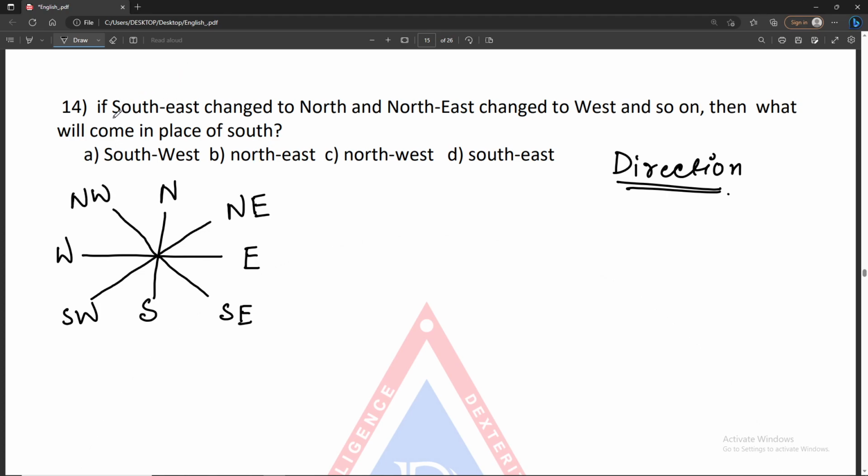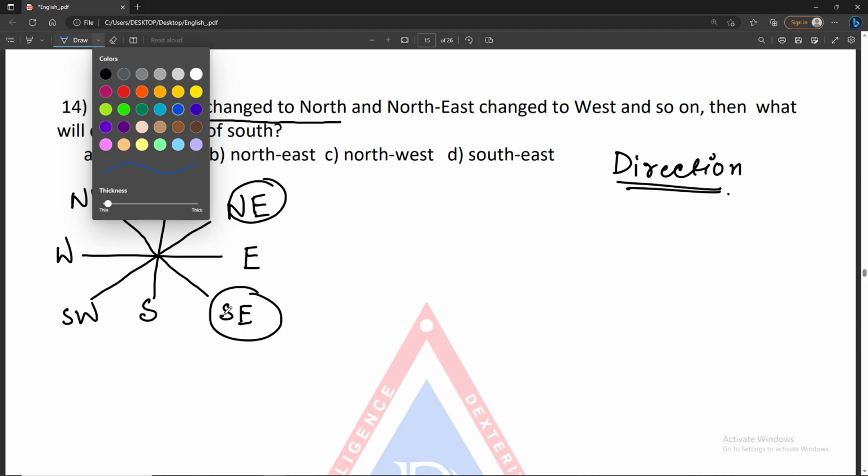The question states that if southeast changes to north, northeast changes to west, that means this part changes to west, that means you know north, then this will be south. Okay, I'll just change the color.